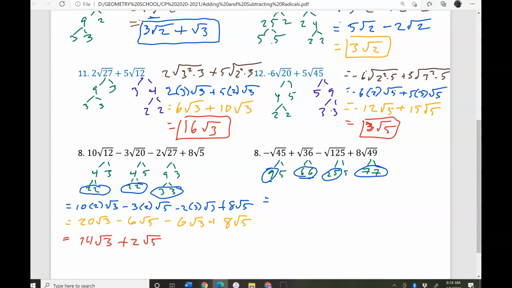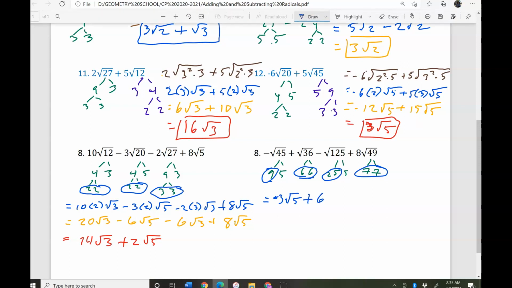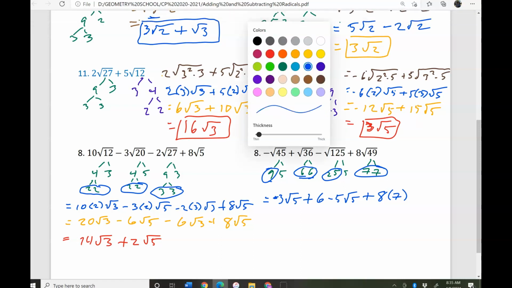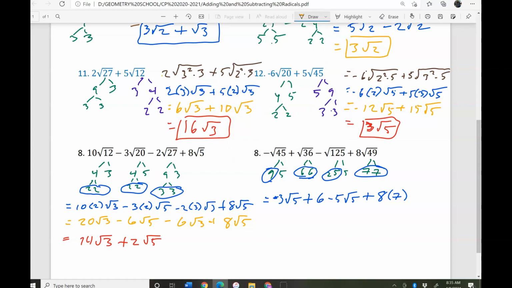So this would be a negative 3. Negative 3 square root of 5. Plus 6. Minus 5 square root of 5. Plus 8 times 7. We're going to go ahead and simplify our multiplication.